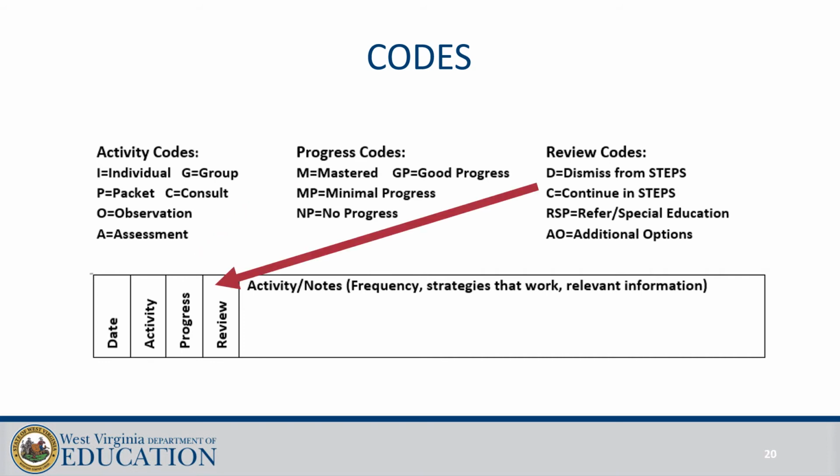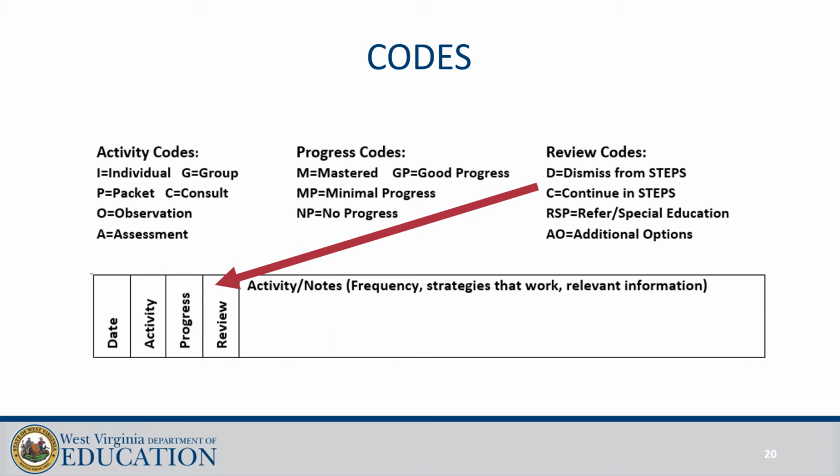During the periodic reviews, the speech-language pathologist makes decisions about next steps. Will they continue the student in STEPS, dismiss them from STEPS, refer them to special education speech therapy, or consider providing information about additional outside options to the parents.